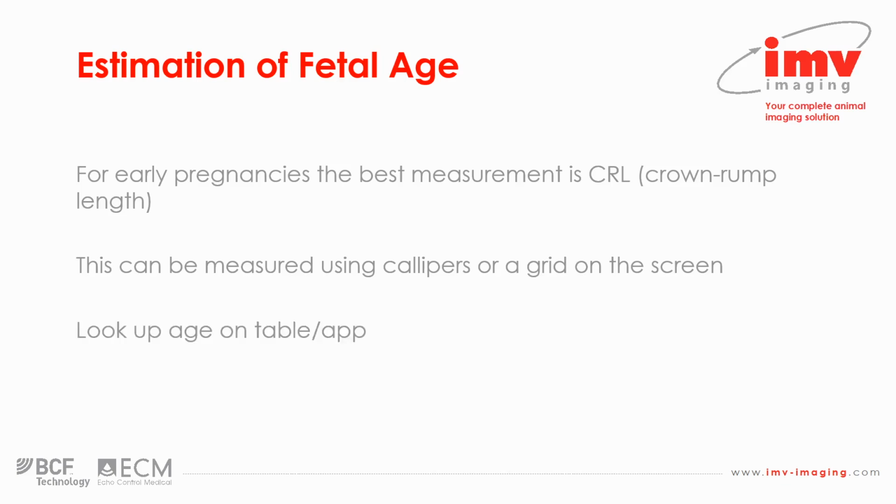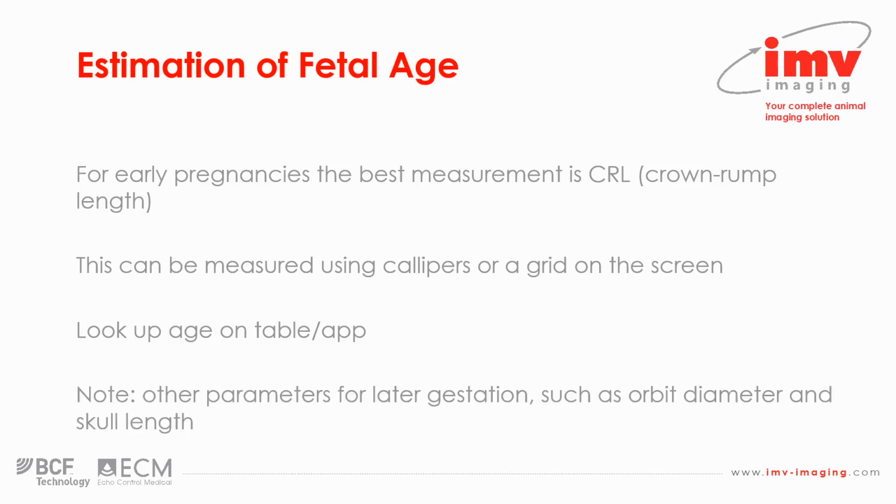And as I mentioned, you can then look up the gestational age using published tables. And in fact, at IMV we've produced an app, iPhone or Android app, which enables you to enter those measurements, and it will then give you a gestational age.